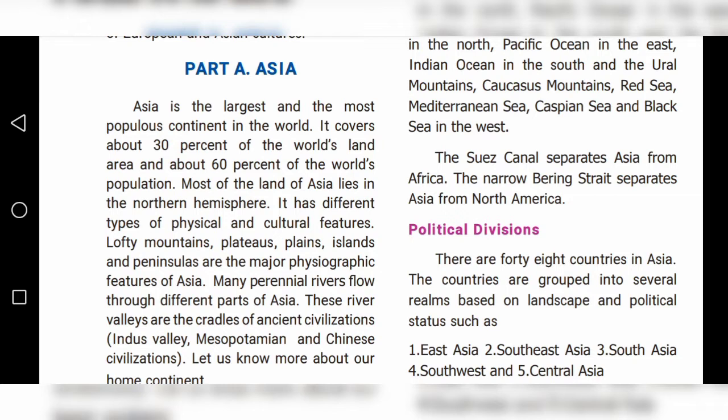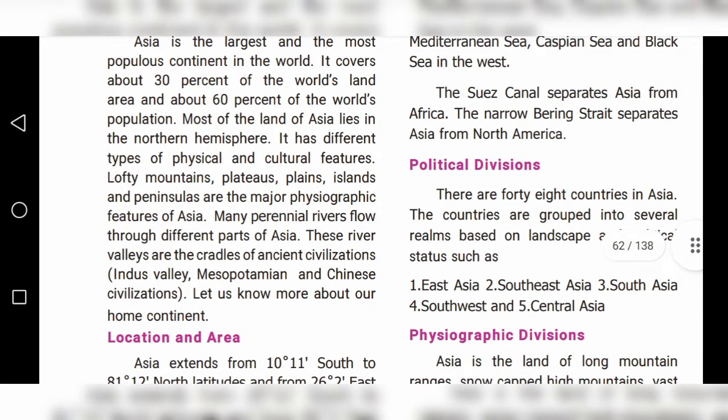So 30% is the land area, and 60% is the population, that is people living. Only the important points we have to read here because this is a big lesson.